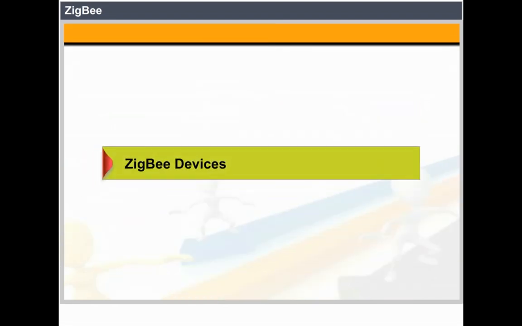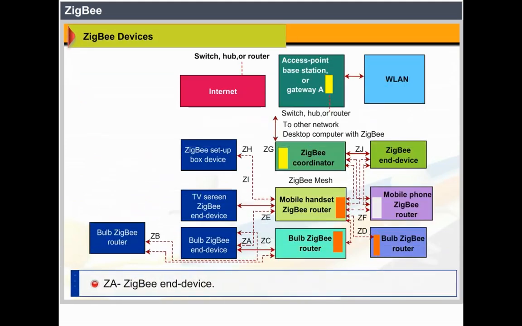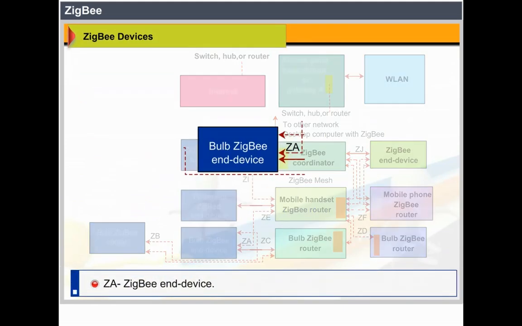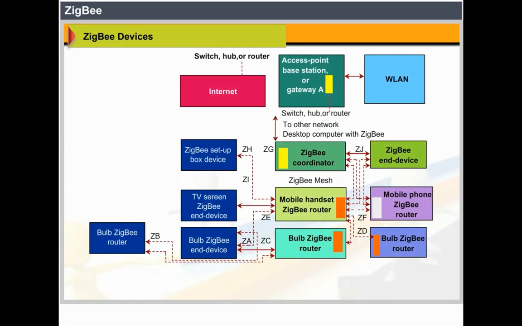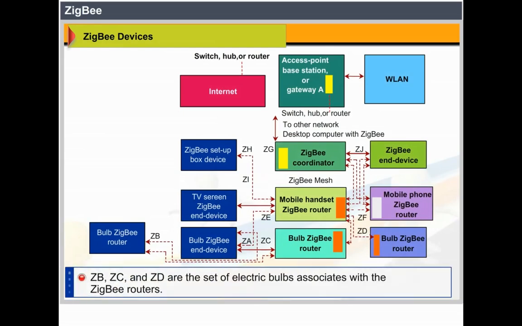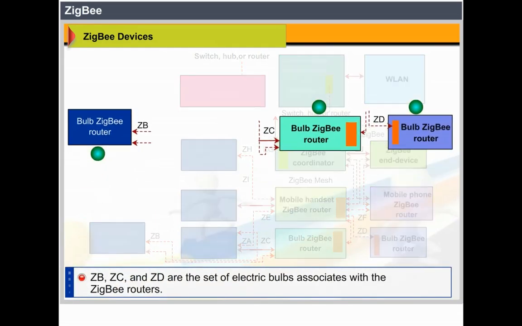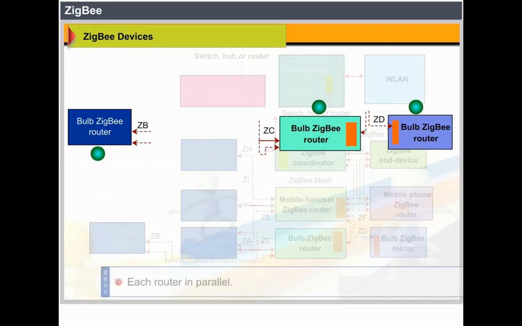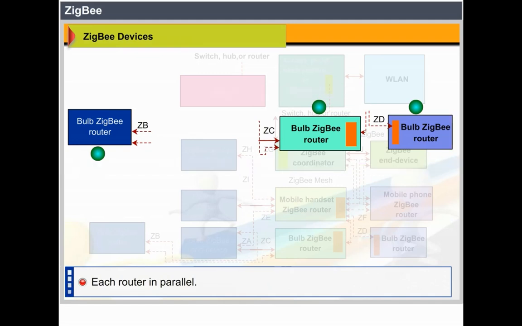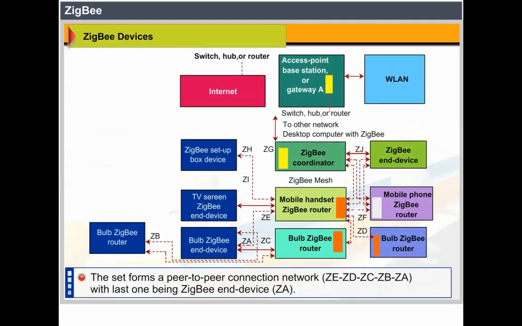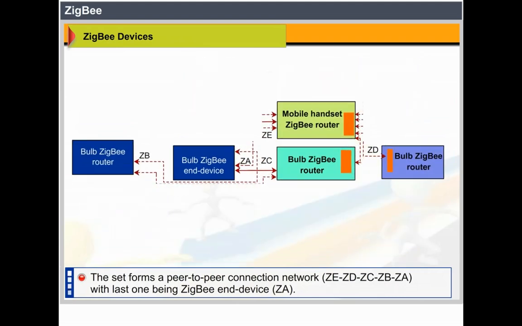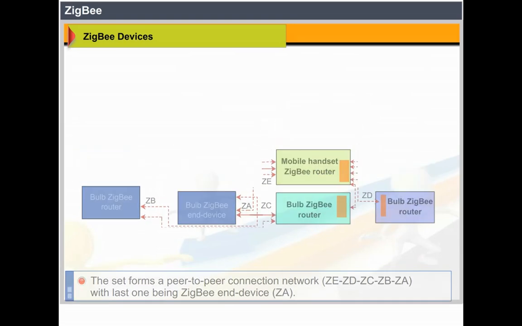ZigBee devices. ZA, ZigBee end device. ZB, ZC, and ZD, a set of electric bulbs associated with the ZigBee routers. Each router in parallel. The set forms a peer-to-peer connection network ZE, ZD, ZC, ZB, ZA, with the last one being ZigBee end device ZA.